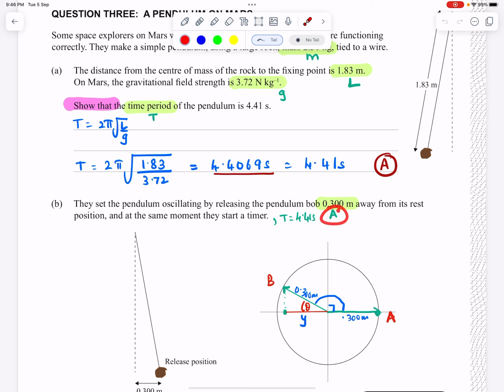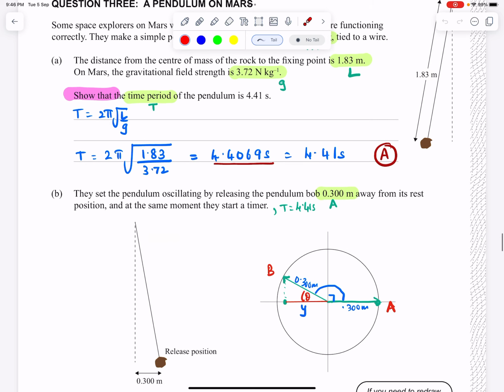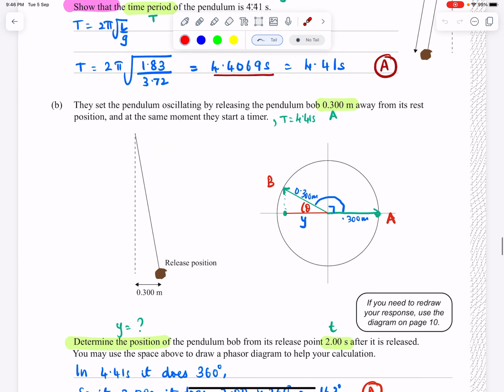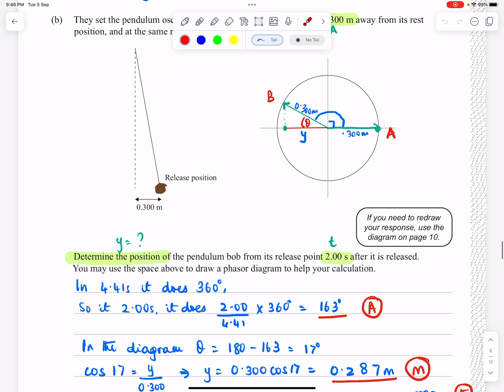That means that's your amplitude from its rest. And at the same moment, they start the timer. So they're starting the timer at the end position. So what do we have to do? Determine the position, so that's your y, of the pendulum bob from its release point 2 seconds after it's been released, and you can use the space above to draw a phasor diagram.